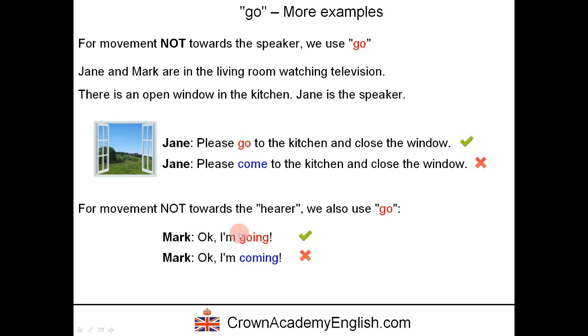Mark is the speaker and Jane is the hearer. Okay, but Jane is in the living room with Mark. So the movement is not towards Jane. The movement is towards another room, the kitchen. Therefore, we use go. So this is correct, but come is wrong. Okay?